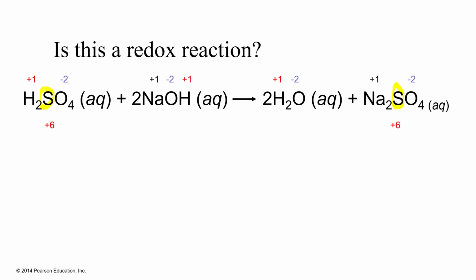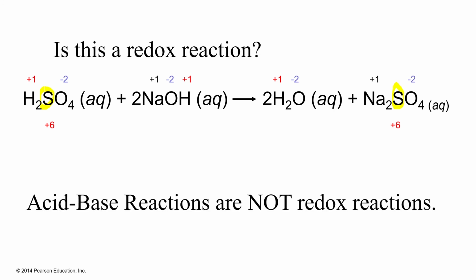So as you can see, in this type of chemical reaction, called an acid-base reaction, which we will study in more detail in our lab activities, acid-base reactions are not redox reactions. Double displacement reactions, like precipitation reactions and acid-base reactions, are not redox reactions. There are no changes in the oxidation states of the reactants.